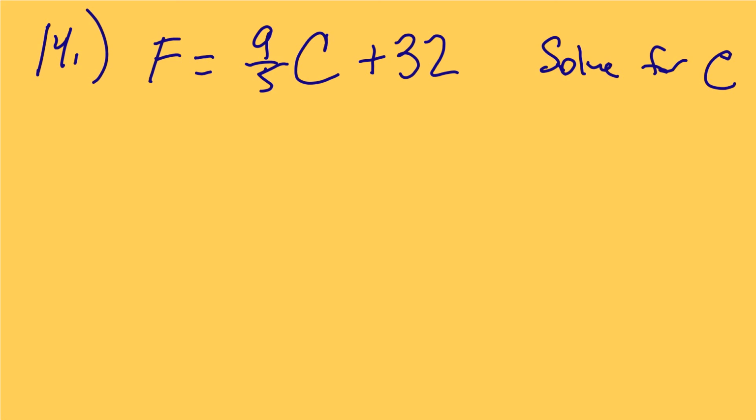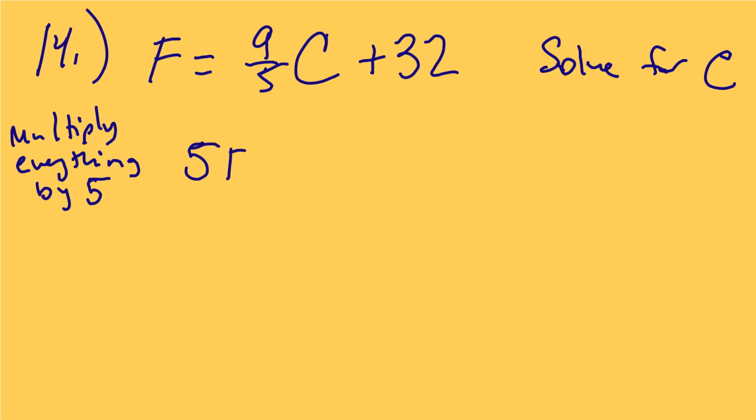Solve for C. All right, this one's a little bit different because I can't just magically make the fraction disappear. I could if I want to multiply everything by 5. So I'm just going to multiply everything by 5. So I do 5 times F is 5F. 5 times 9/5 is just 9C. And then 32 times 5 is 160. Now remember, what am I solving for?